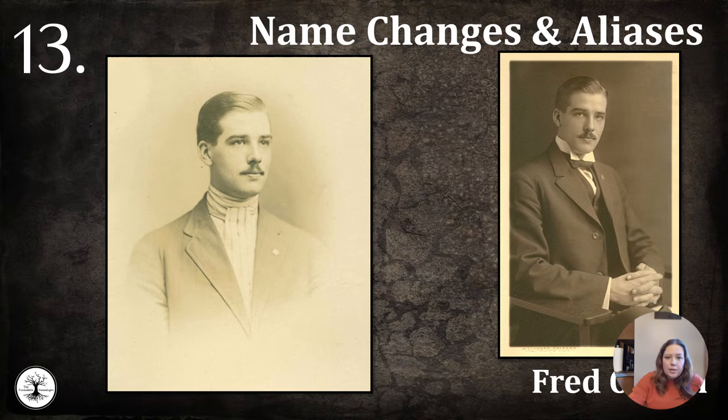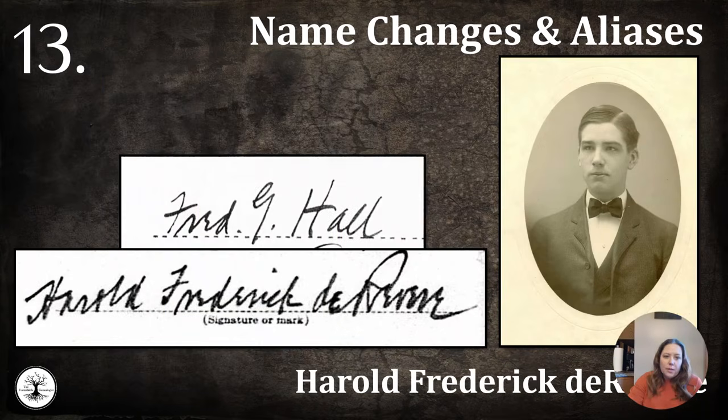You will come across name changes and aliases more frequently than you would think. So I had this case where Fred G. Hall married a woman and then immediately disappeared. And there were just these two known photos of him, and that was it. The family had no idea what happened to him. So I used photos and signatures to try to link the identity.